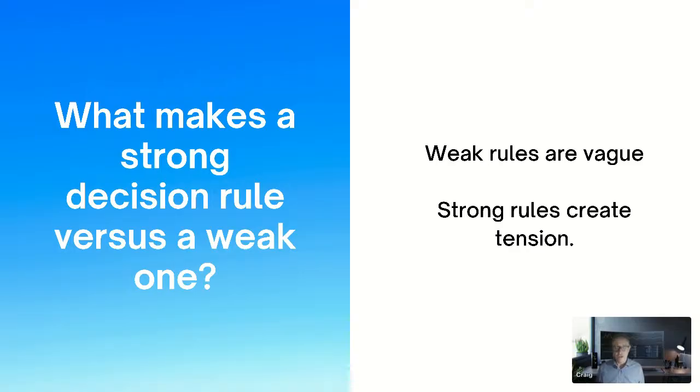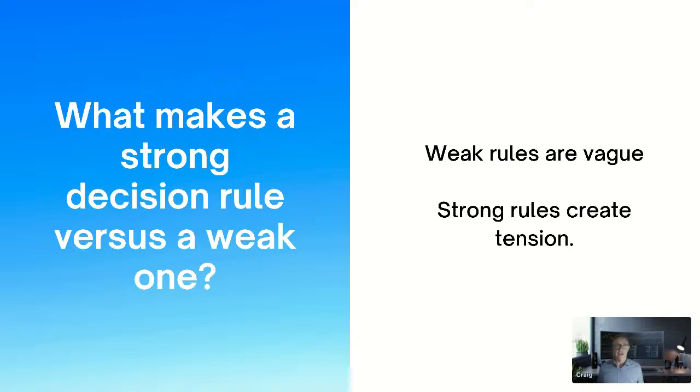What makes a strong decision rule versus a weak one? Weak rules are vague, such as be valuable, sound professional, create engagement. Those aren't rules. They're preferences. Strong rules create tension.